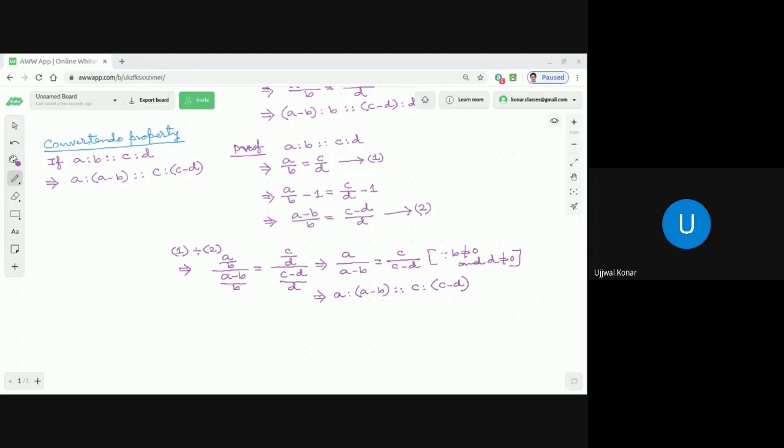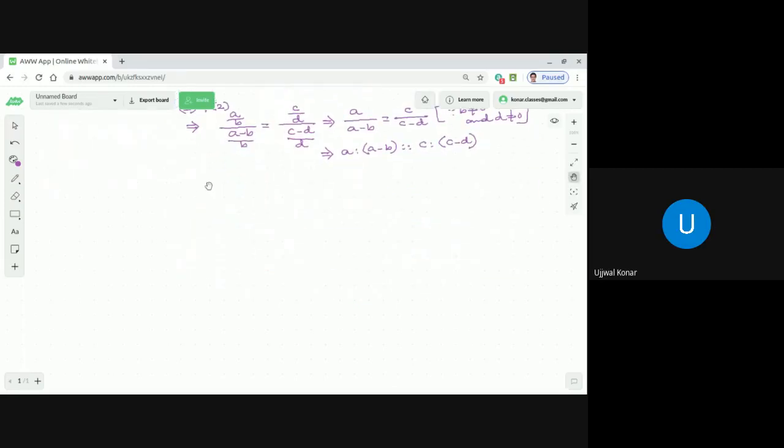Let me show you what is meant by this property.